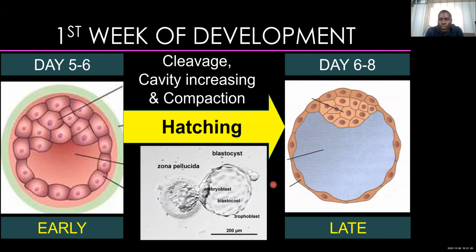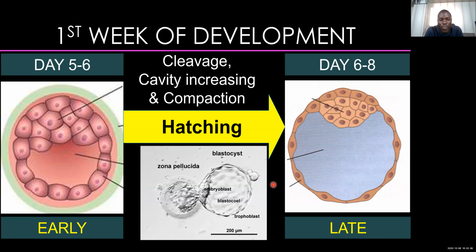Pressure difference between the two. Yeah, we want morphological differences.